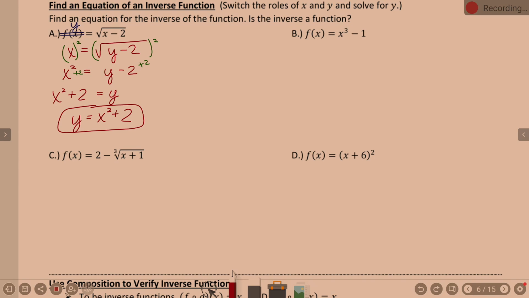Now, is the inverse a function? We can think of this two different ways. My preference, if it's a graph we know, can you visualize this graph? What is y equals x squared plus 2?